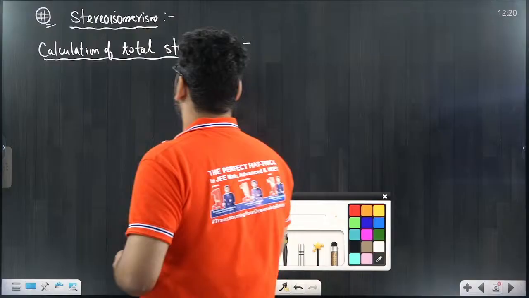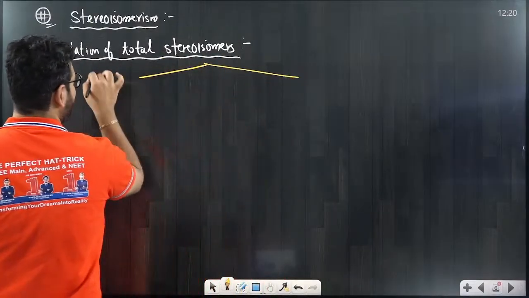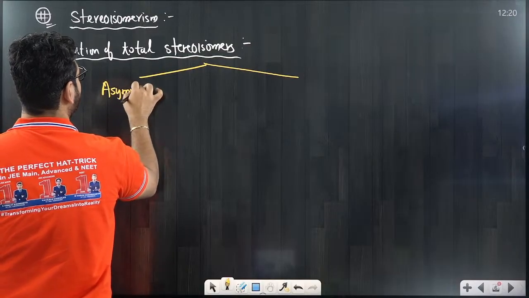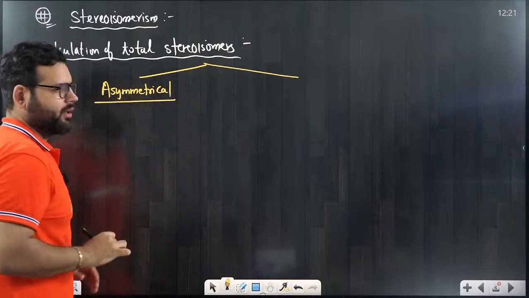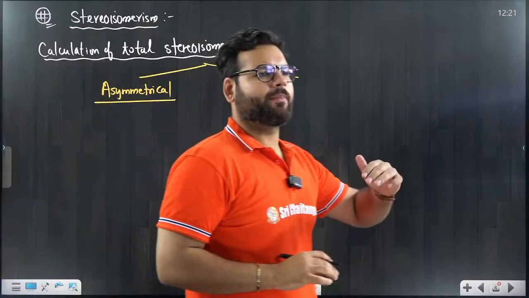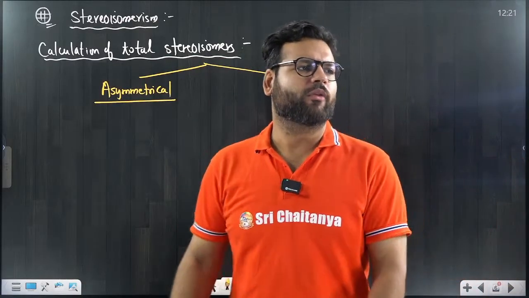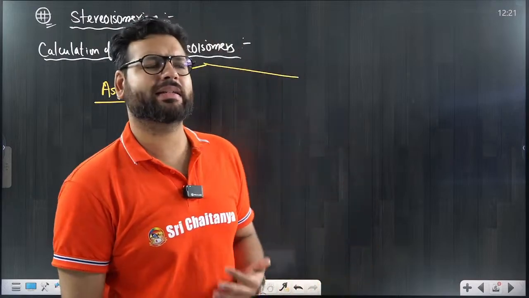First thing you check whether the compound is asymmetrical or symmetrical. If the compound is asymmetrical, okay, asymmetrical compound means... in keto-enol form, presence of which type of hydrogen is a must? Acidic hydrogen.